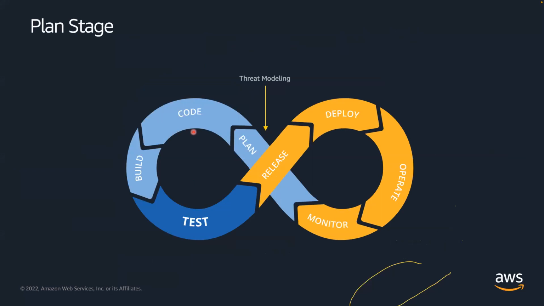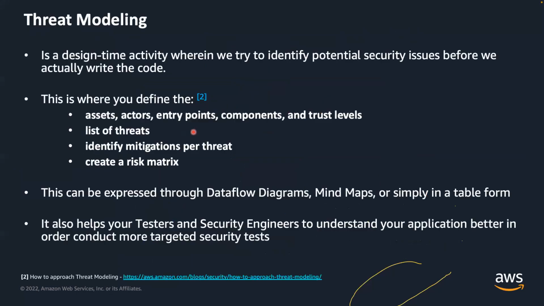So let's start off with the plan stage. One of the things that we can do on the plan stage is threat modeling. You can do a quick Google search to know more about what threat modeling is, but in a gist, this is a design time activity wherein we identify potential security issues before we actually write code.